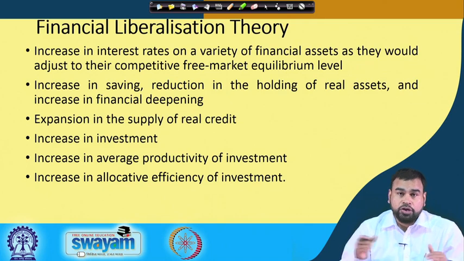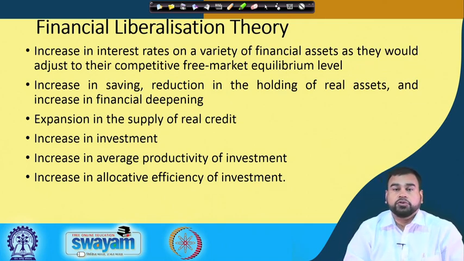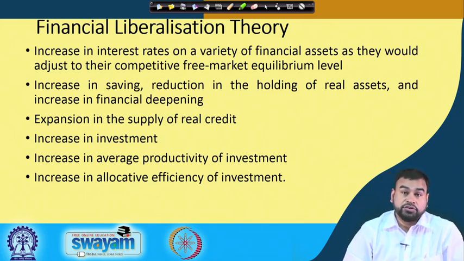With more participation, more market participants make the market more competitive, and all those things can be captured through market dynamics. By that, the possibility of equilibrium always exists in the market, and if the market takes care of everything, then there is no possibility that any kind of disturbance can happen in that system. That is the argument the financial liberalization theory makes.